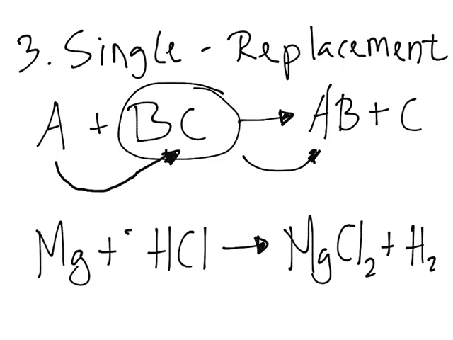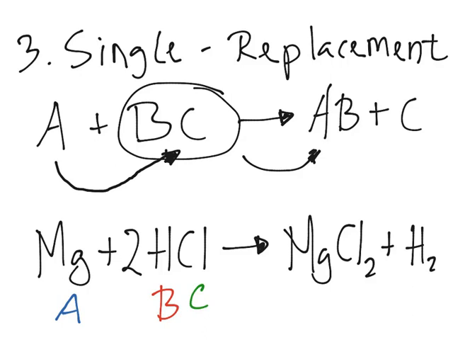Then to balance it, we just put a 2 here. But again, don't worry about balancing it. So you can consider this as the A, this as the B, and the C. So hydrogen is the B and chlorine is the C.